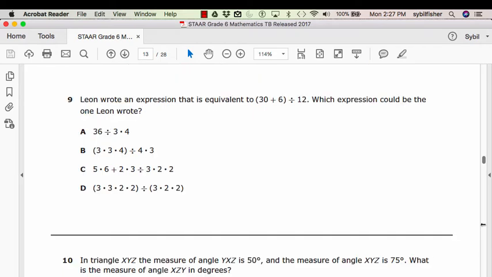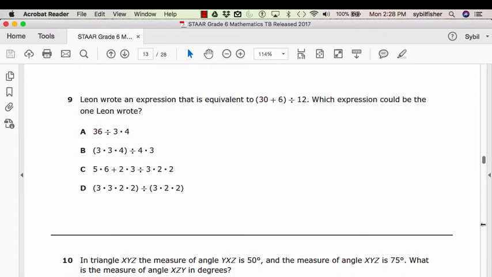Number 9. Leon wrote an expression that is equivalent to 30 plus 6 divided by 12. Which expression could be the one Leon wrote? A, 36 divided by 3 times 4. B, 3 times 3 times 4 divided by 4 times 3.